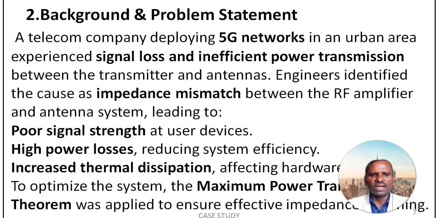Engineers identified the cause as an impedance mismatch between RF amplifiers and antennas, leading to poor signal strength at user devices, higher power losses reducing system efficiency, and increased thermal dissipation affecting hardware longevity. To optimize the system, the maximum power transfer theorem was applied to ensure efficient impedance matching.